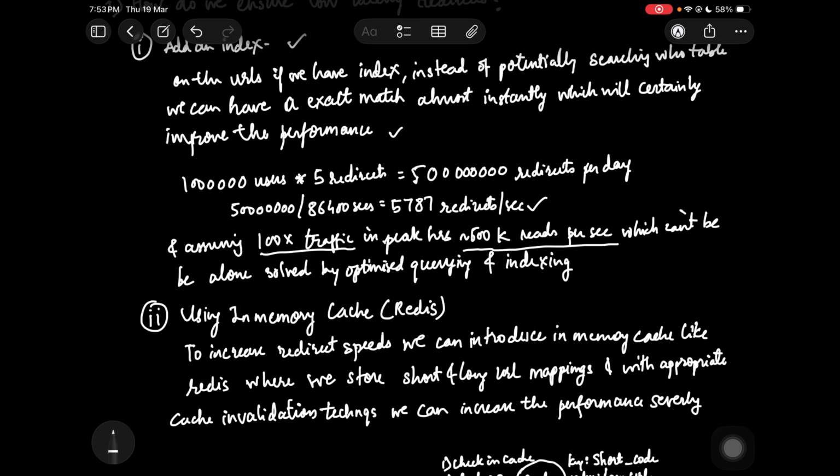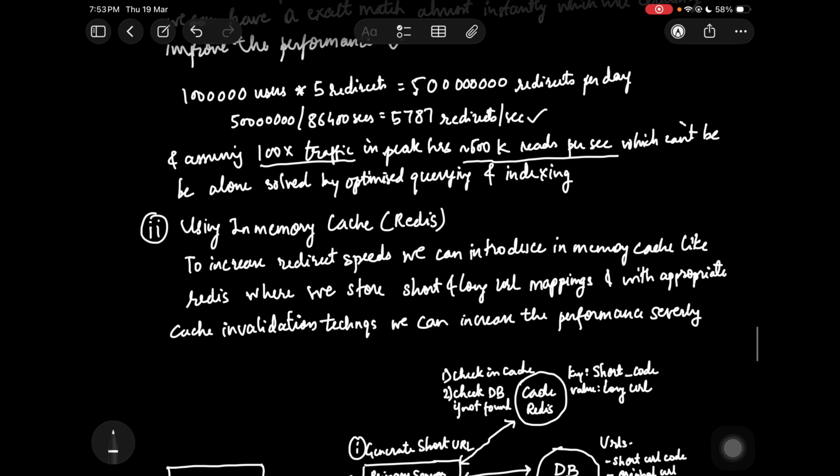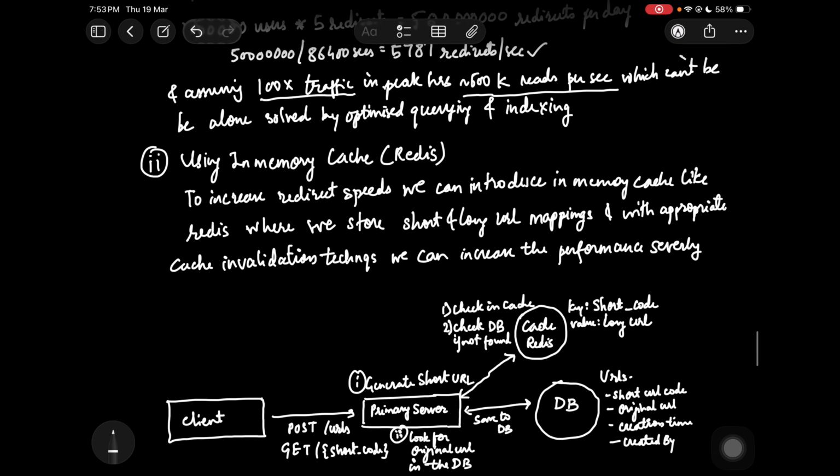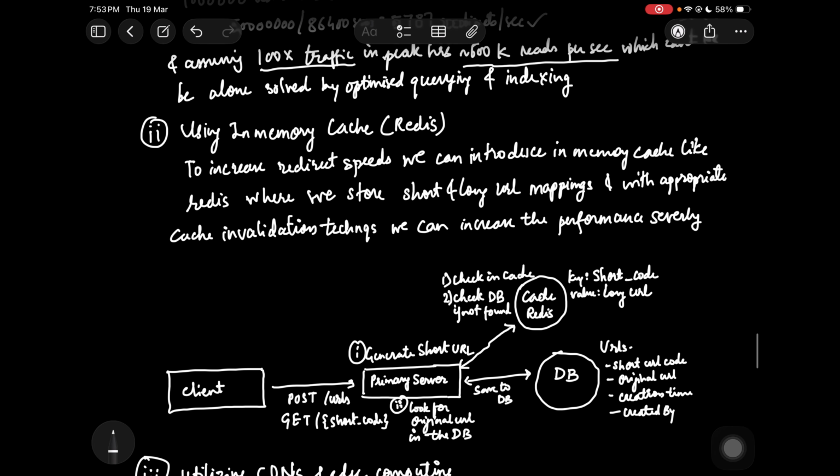While indexing is very powerful, at this scale we cannot rely on the database alone, we need something more. To truly supercharge our speed, we introduce an in-memory cache like Redis, which you can see here, which is the second optimization we would do on our service.